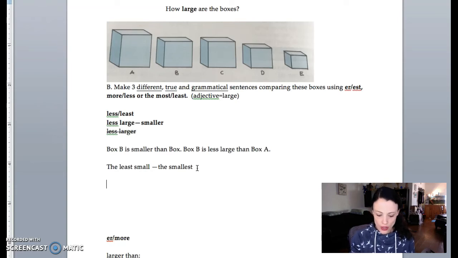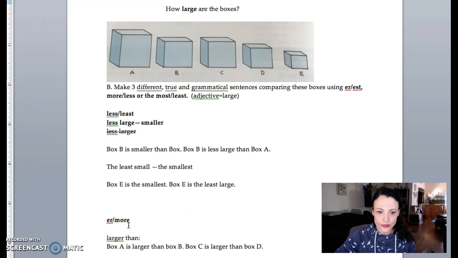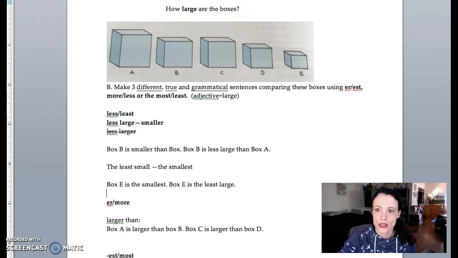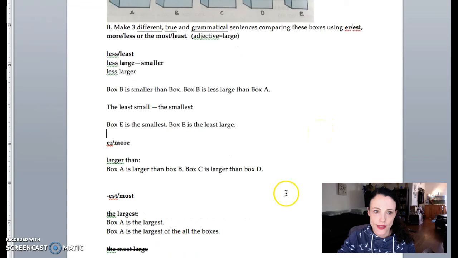E. So box E is the smallest. Or you could say, box E is the least large. Those have the same meaning. So let's move these so you can see all of your possible sentences.